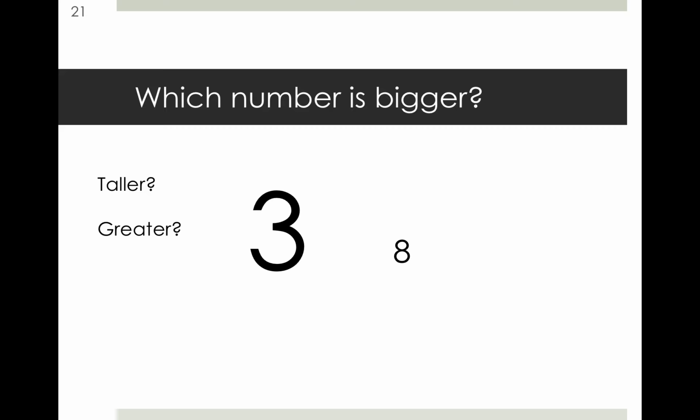Or do I mean that the numerosity is greater, that it signifies a greater value? There's an incongruence. I've purposefully juxtaposed a gigantic 3 against a tiny 8 because I'm juxtaposing the different cues. So I'm making the cues of height and numerosity incongruent with each other.